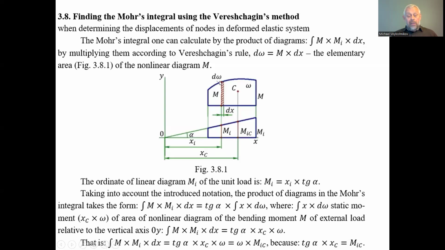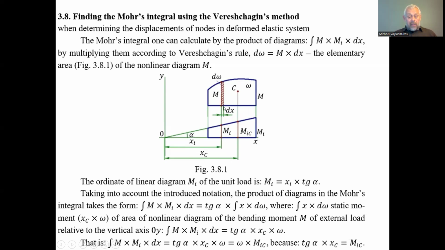So the area increment is d omega, the area, and the product by the abscissa of the considered point along the element of the mechanical system.